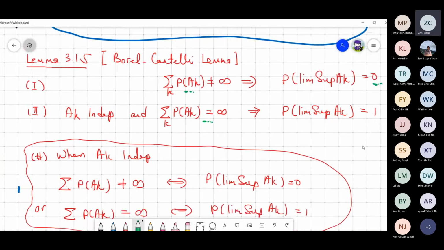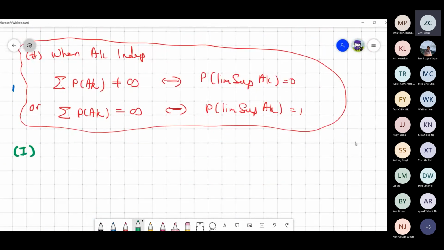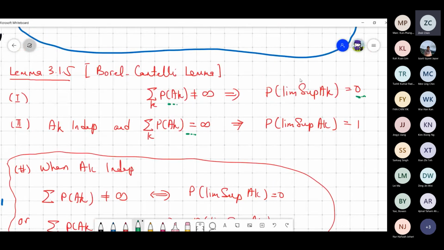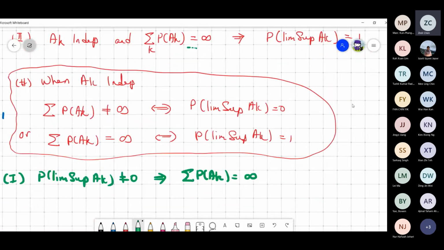You get the picture. That is when P lim sub AK is not 0, then I'm going to have the value for a series must be infinity. Okay, that will be this one. So this one implies this, not this will imply not this. So likewise, we're going to have this.